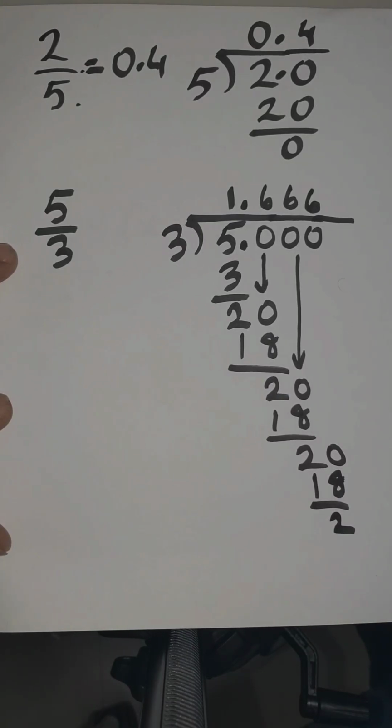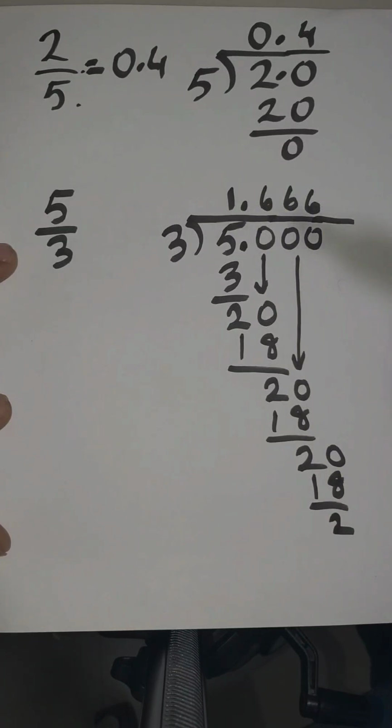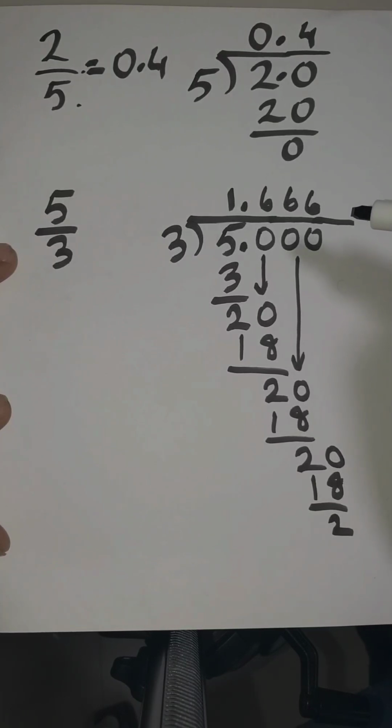They might ask you to round off this answer to the nearest 10th place. If they ask you to round off to the nearest 10th place, you look at this number. If they ask you to round to the nearest 100th place, you look at the second number at the back of the point, etc. When these numbers continue forever, we usually call this a recurring decimal, and it will never stop. So usually we'll end up having to round off our answer.